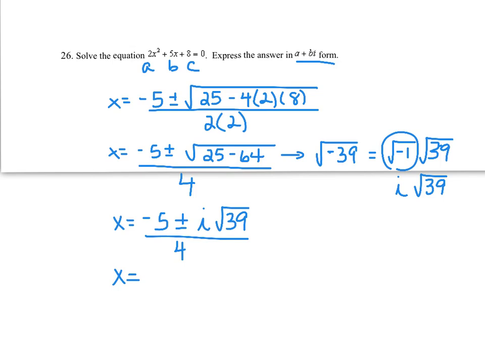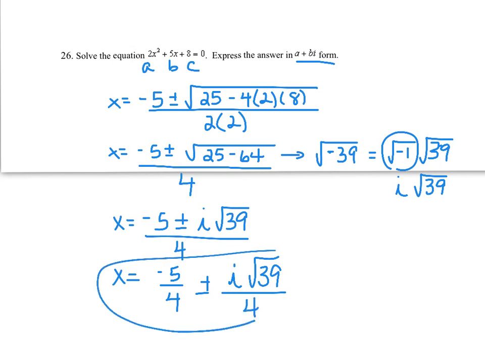Okay, so I'm going to split this up and write negative 5/4 plus or minus, and then i radical 39 all over 4. And there's your answer. Now some people like to, and it's totally fine, if you don't prefer to have that i here and you want to have it at the end, that's okay. Do me a favor though, please make sure that that i is not looking like it's underneath the radical with the 39 though. You want it clearly on the outside there, okay?